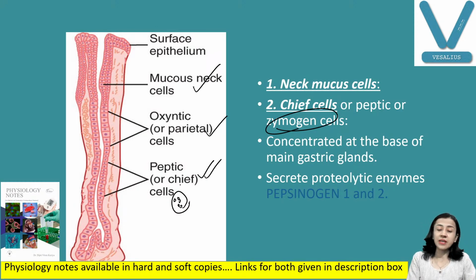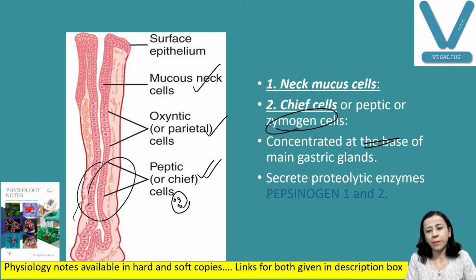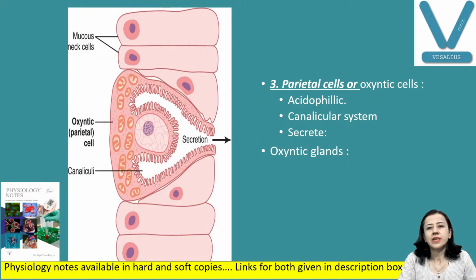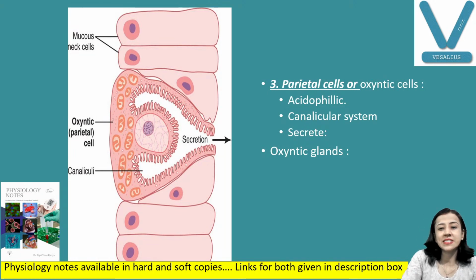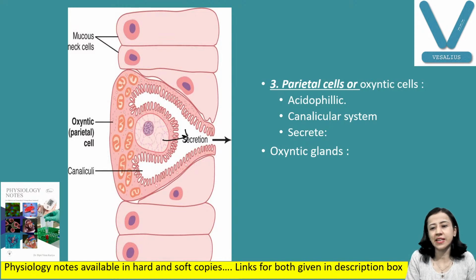And these chief cells are present mainly at the base of the gland. You can see here, the lowermost part has these chief cells or peptic cells. Pepsinogen is secreted. Now, parietal cells, as we have discussed, are also known as oxyntic cells. These parietal cells are acidophilic because they secrete acid, HCl.